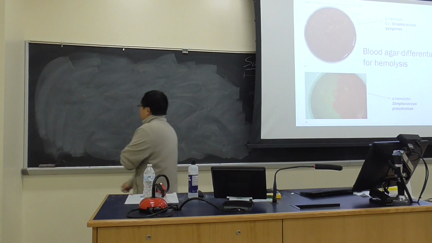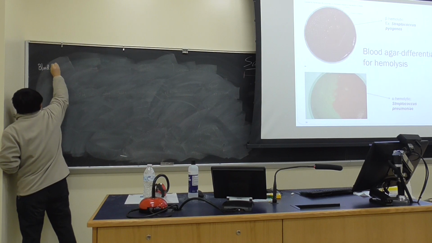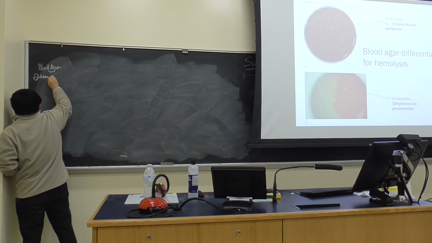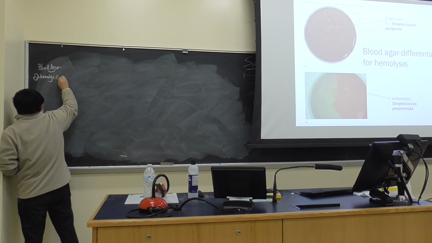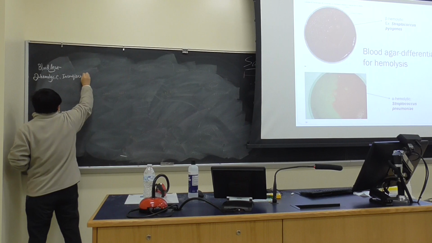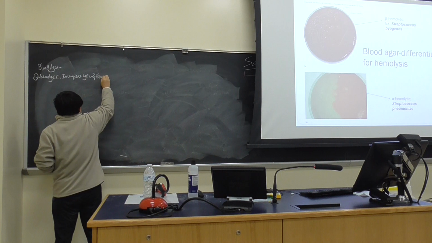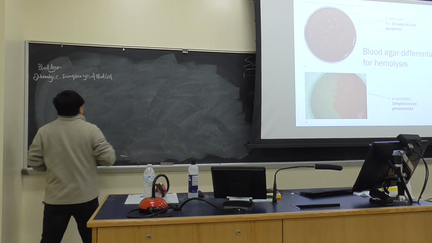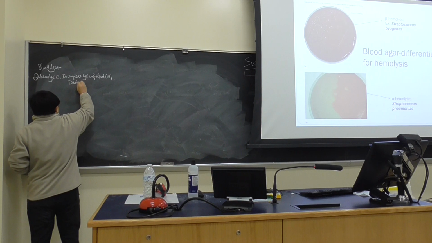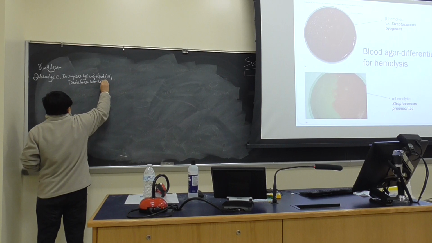So here's a review. Blood agar could show alpha hemolytic, which is incomplete lysis of blood cells, showing you a dark green color of the colony.